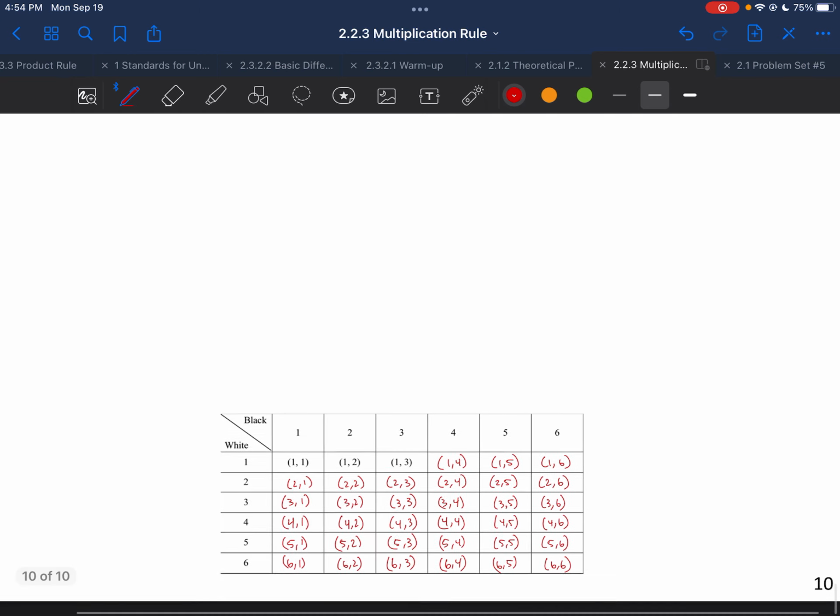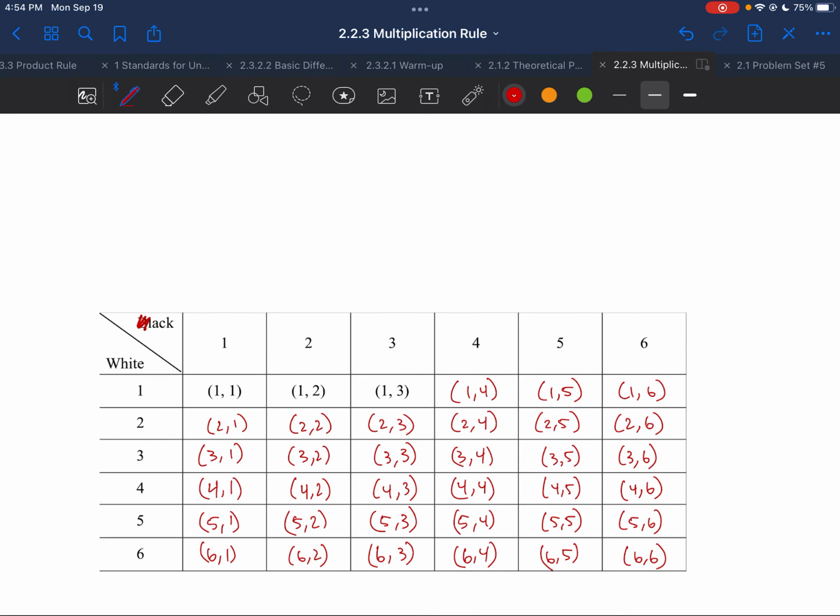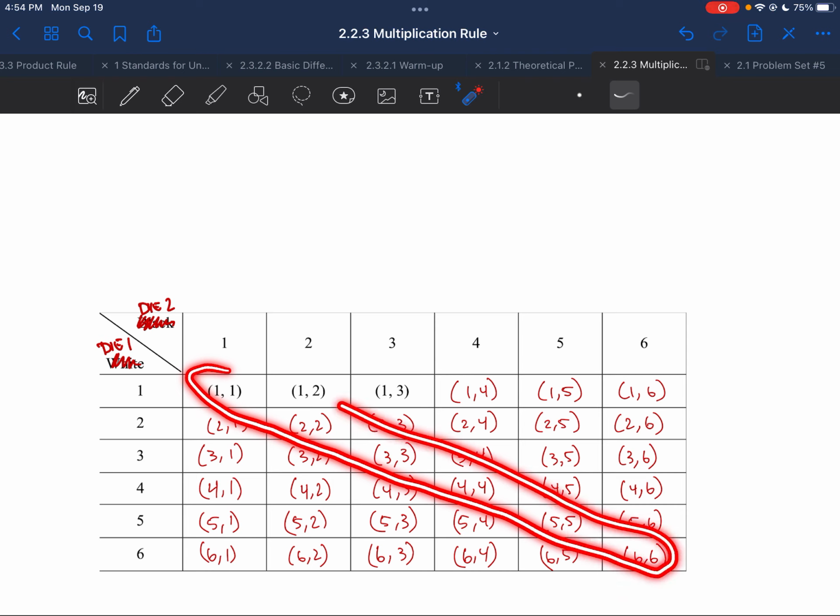Well, I have this chart from a previous assignment, and instead of black and white, we're going to call this die 1, and we're going to call this die 2. Okay, so we can see that along this main diagonal here, we have all of our doubles.